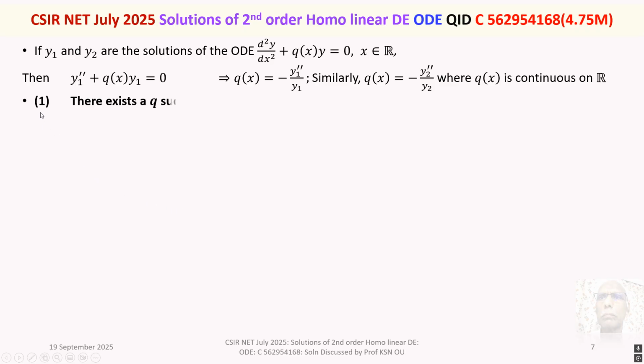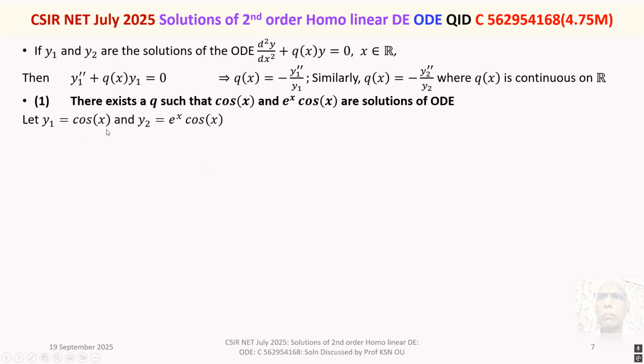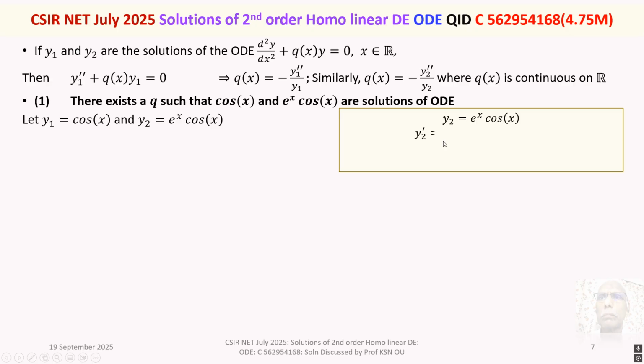Right. Option 1. There exists a q such that cos x and e power x cos x are solutions of the ODE. Now, let y1 be equal to cos x and y2 be equal to e power x cos x. We take y2 because we have already seen y1. So, y2 is e power x cos x, and its first derivative is this one, and its second derivative is given here.